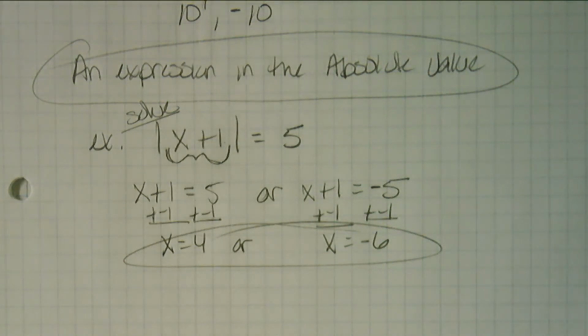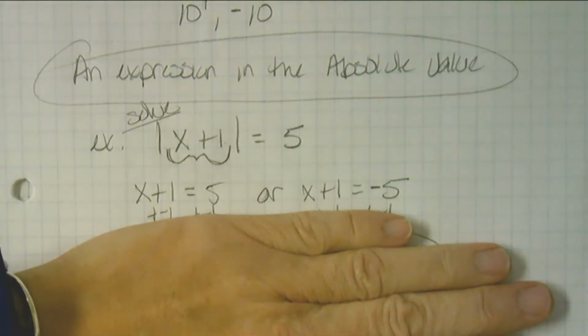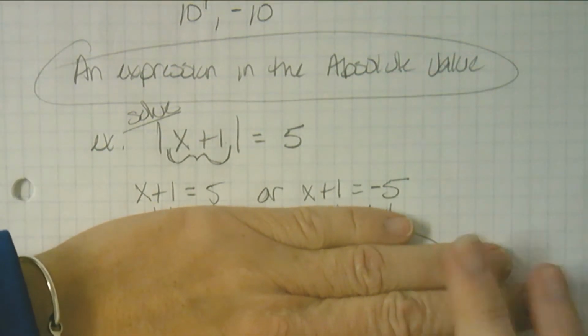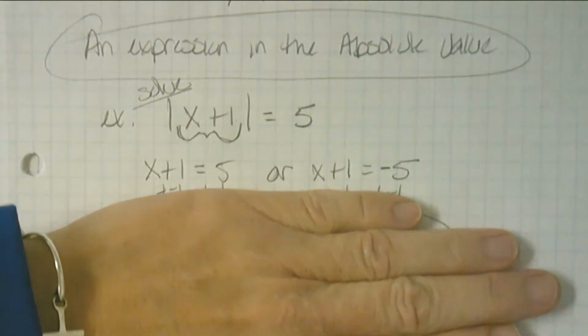Does that make sense to you guys? Kind of? Nick, does that make sense to you? Yeah. Questions on that? Because we're going to do a couple of these. Jack, are you okay? Are you sure? Victoria? Do you understand me setting these two? Put your hand down. Do you understand why we set these two equations up?